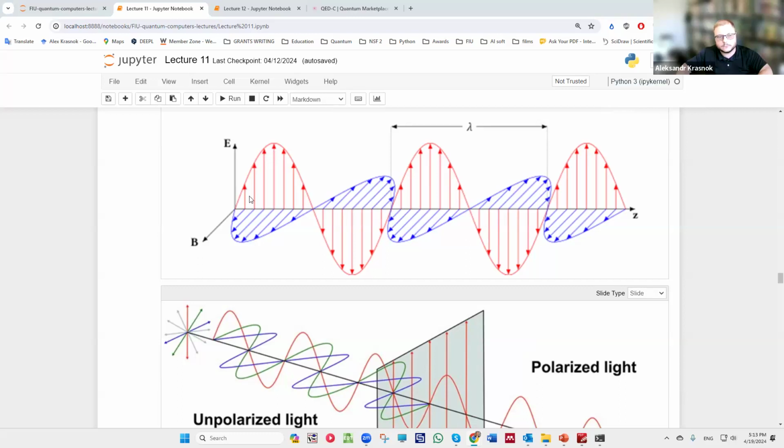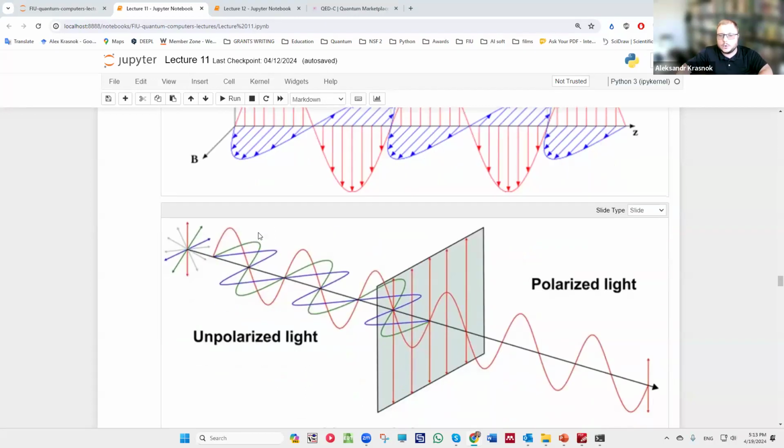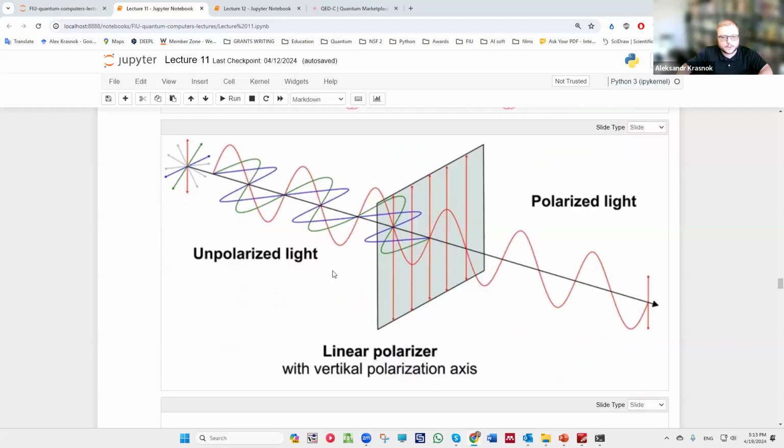Usually by this polarization plane, we name the plane in which the electric field oscillates, and this plane can be vertical or horizontal, and we can encode the quantum state in these two possibilities of vertical and horizontal direction of the light polarization.